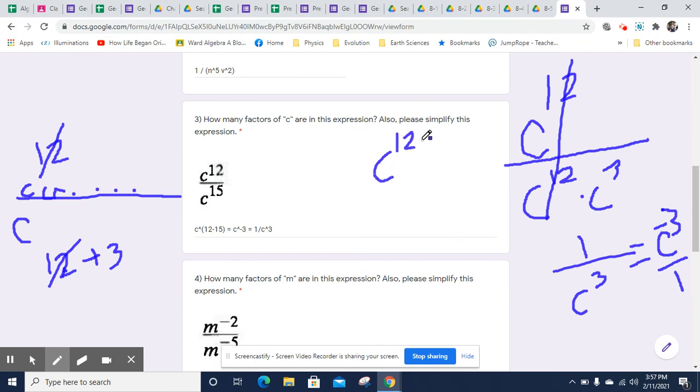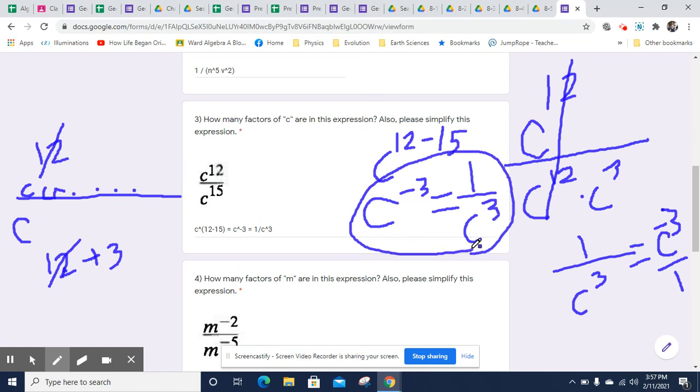I'm going to put that all here to make it hopefully much clearer. The quotient law says we subtract the exponents when we're dividing, and that becomes c to the negative 3 power, which is, of course, the same as 1 over c to the third power. Either of those answers would be fine.